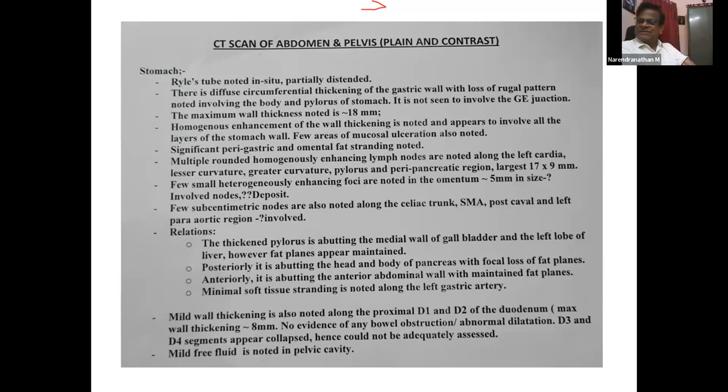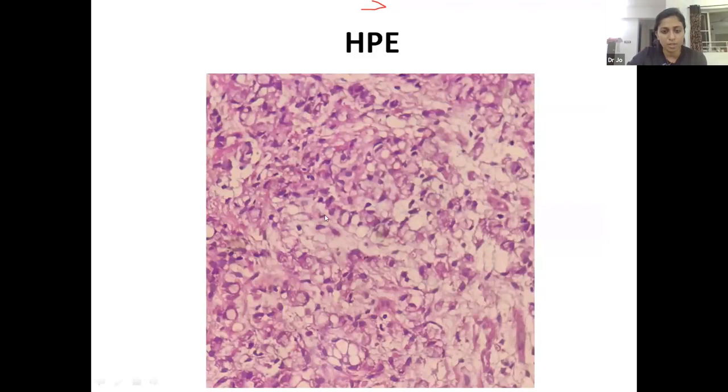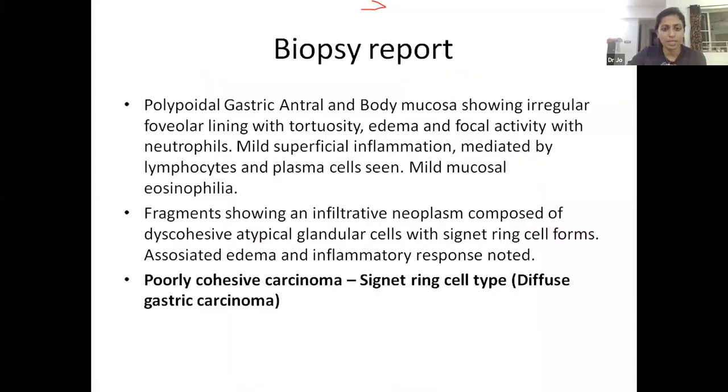You're discussing it, Javida. Yes, sir. What does it show? Histopathology shows signet ring cells, poorly cohesive signet ring cells. Polypoidal gastric antral and body mucosa showing irregular foveolar lining with tortuosity, edema and focal activity with neutrophils.